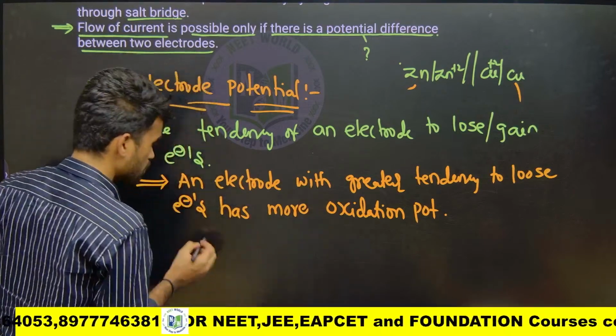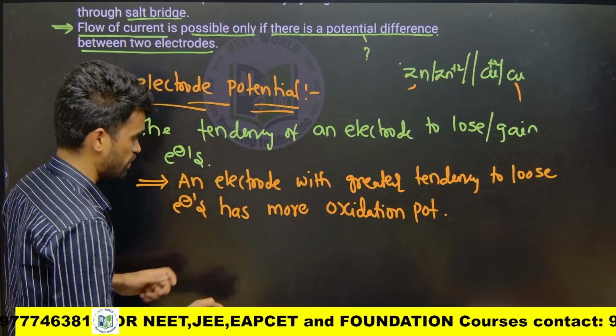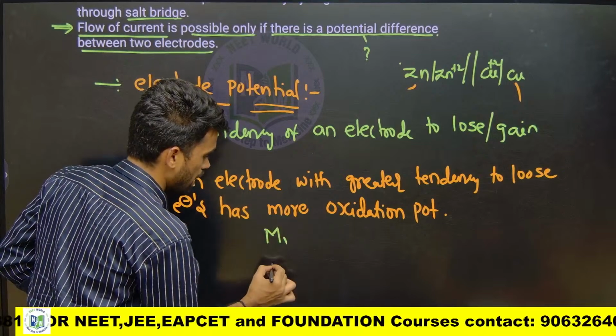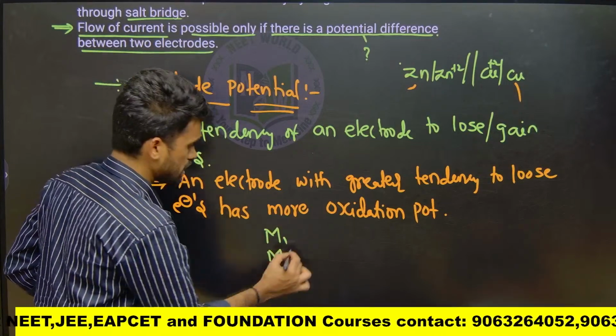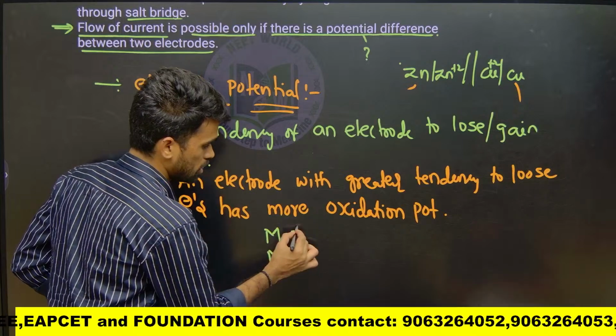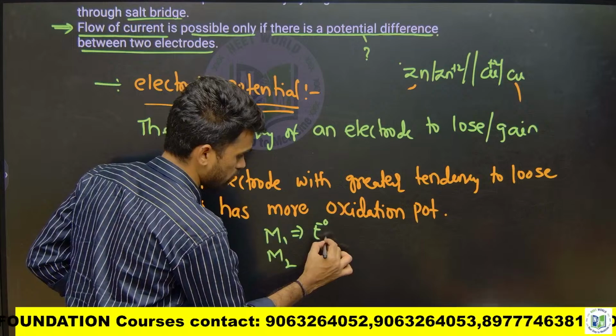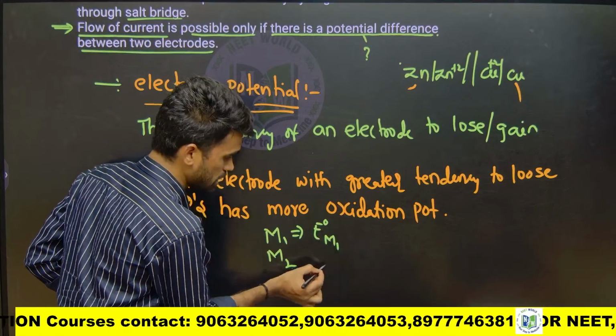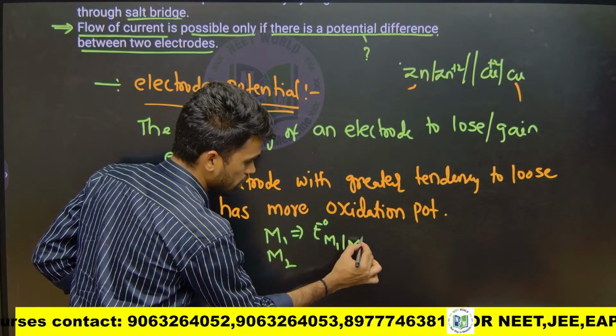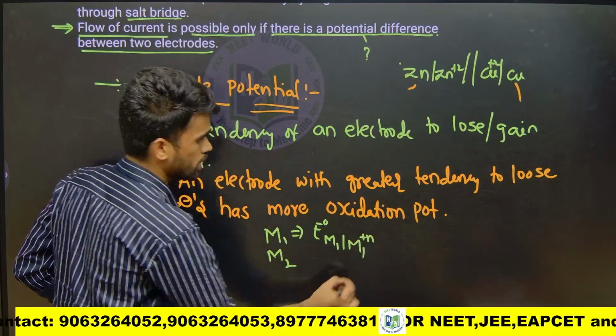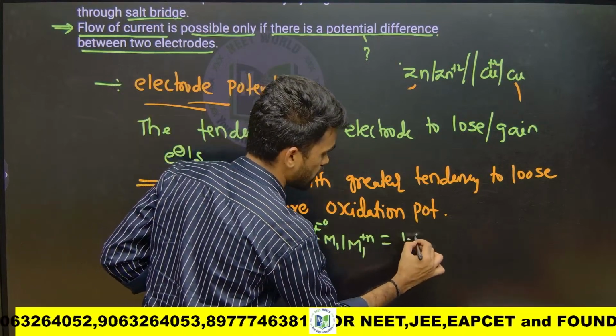For example, I have metal 1 and metal 2. The standard oxidation potential E naught of metal 1, where the metal converts into its metal ion, is around 1.5 volts.